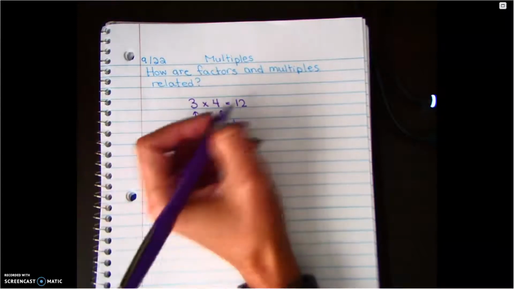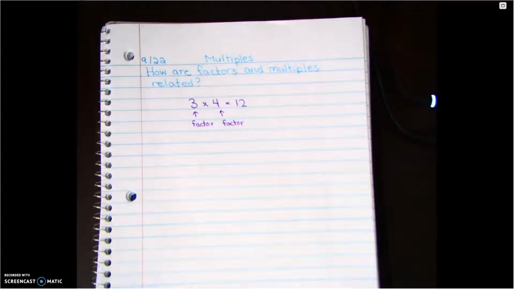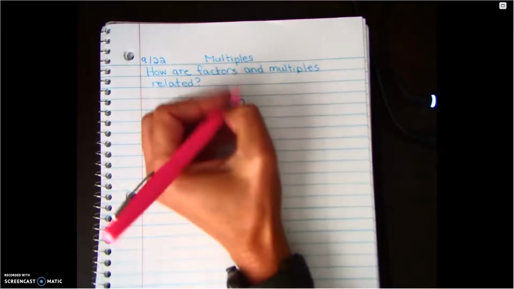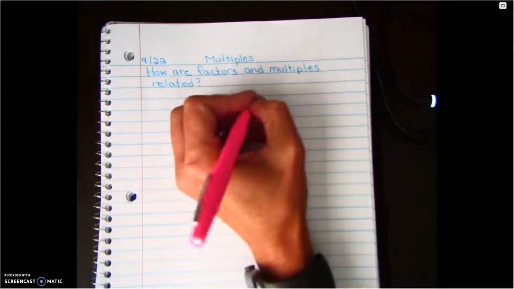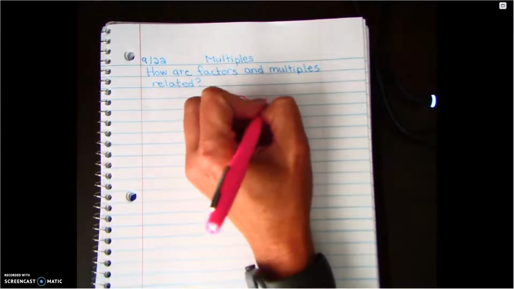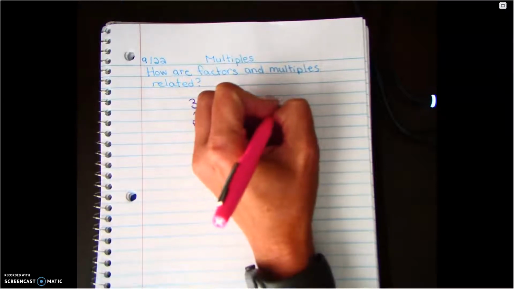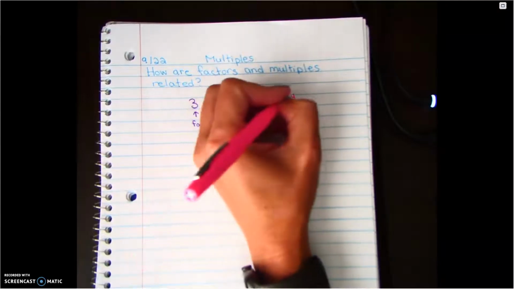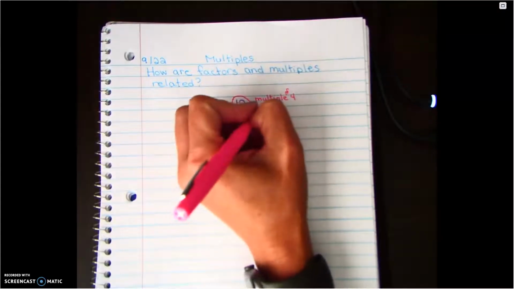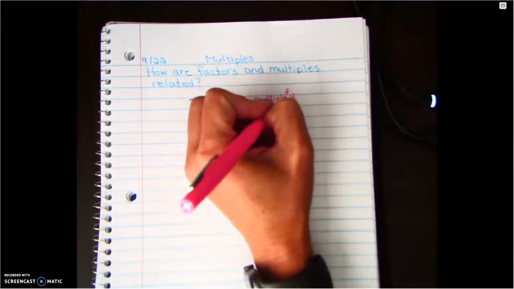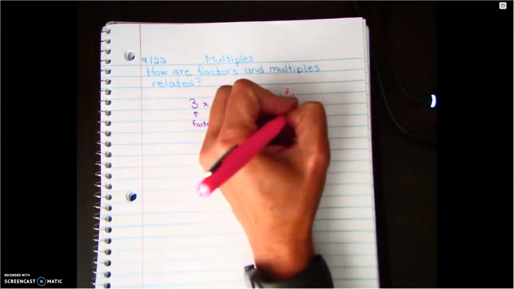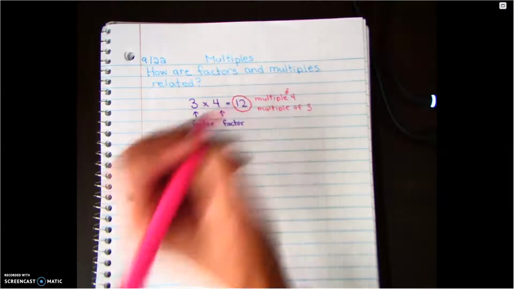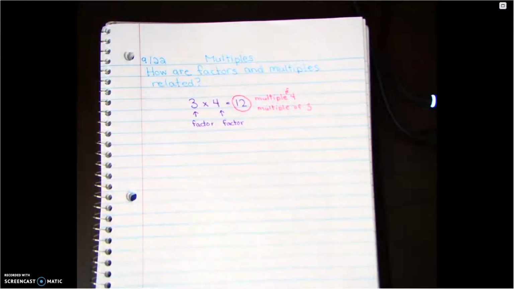What that means now, this is the new part, that means 12 is a multiple of 4, and it's a multiple of 3.